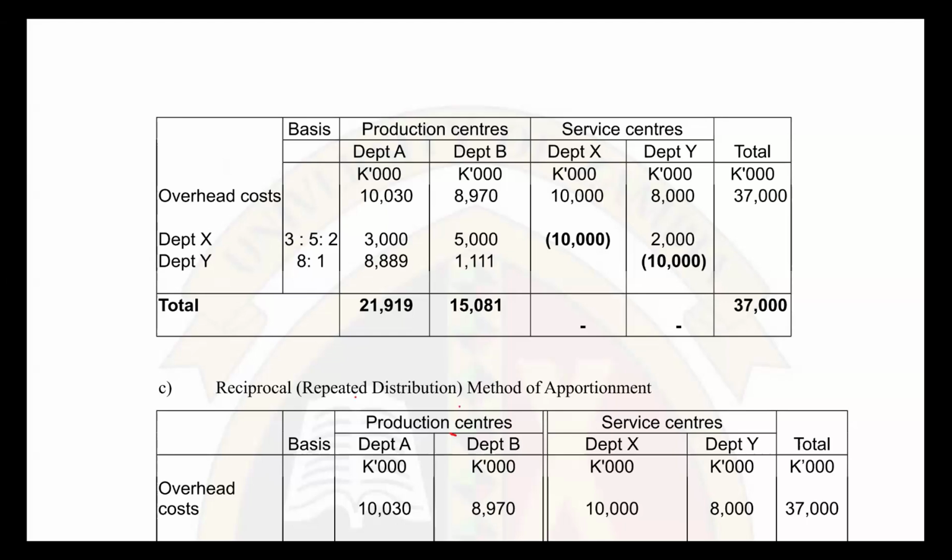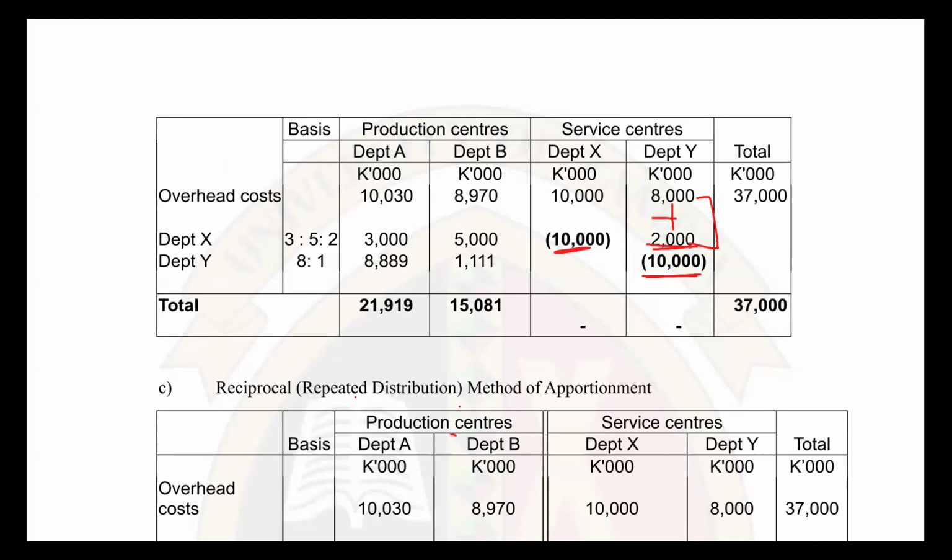So you will consolidate what we have, the 8,000 we had plus the 2,000 we have received from Department X. Then you have 10,000. I'm emphasizing this is just coincidental. It's just by coincidence that these figures are the same. It's not always that they will be the same. Just pick the message that the cost that has come from this side is allocated to this other department, then you add these, okay? When you add these, you see that the total now is 10,000.